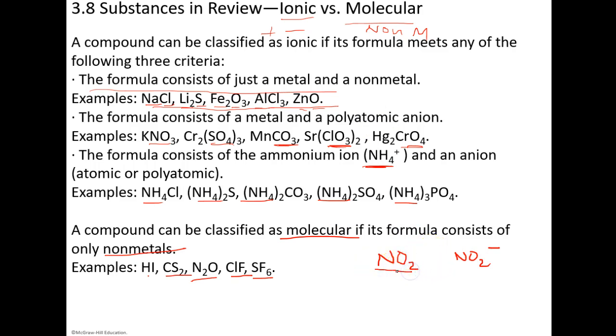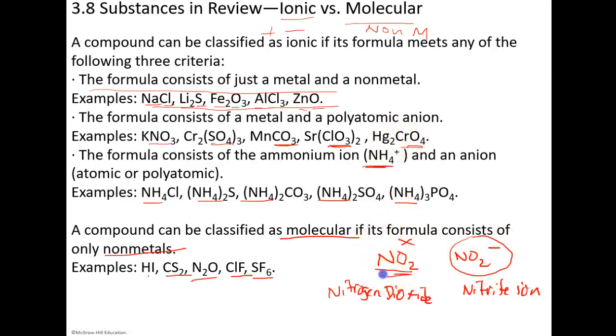This is a neutral charge molecular compound with all covalent bonding. This is called nitrogen dioxide. This is the nitrite ion. This can form an ionic bond. This cannot. This is a great example of a summary of this page.